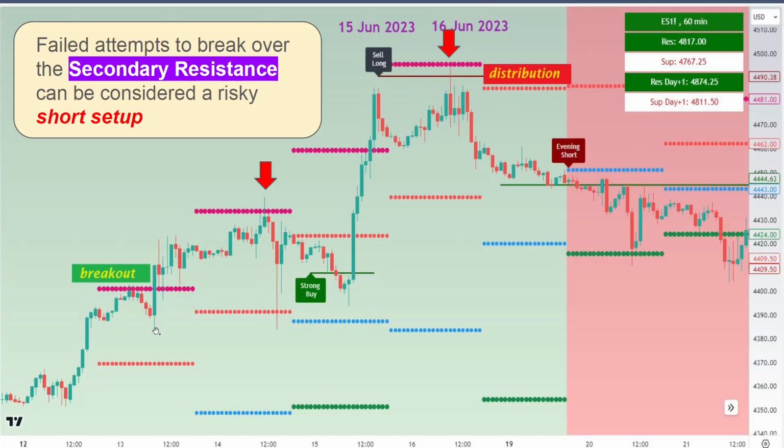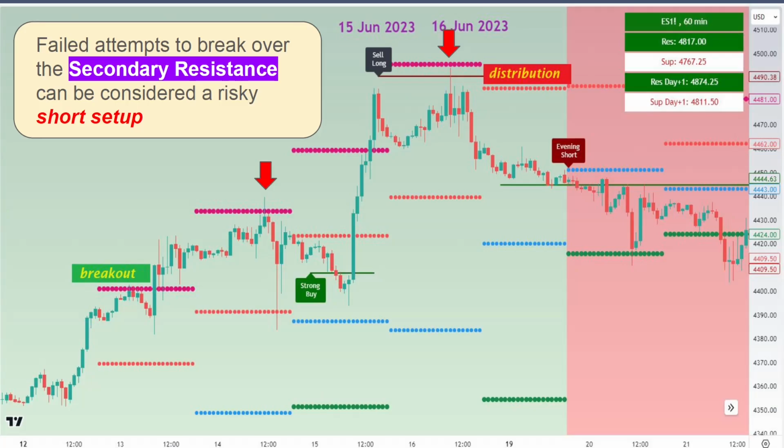There is no guarantee that a test of the purple line would turn into a sustainable trending move down. When price hits the purple line, it actually confirms the strength of the bullish trend.